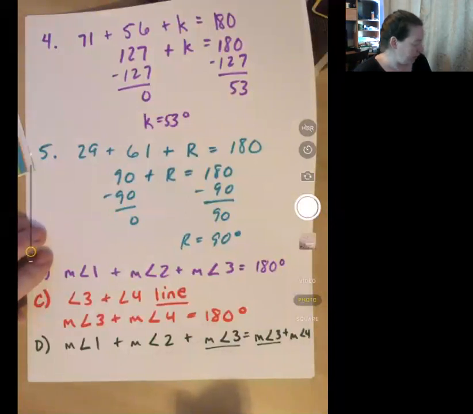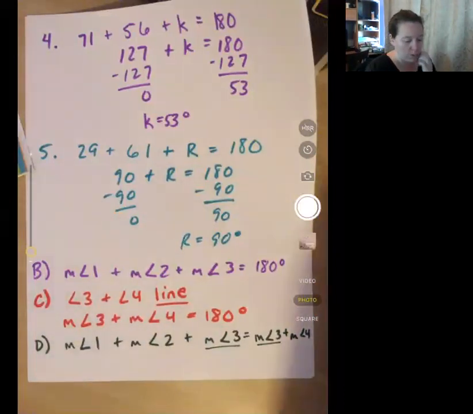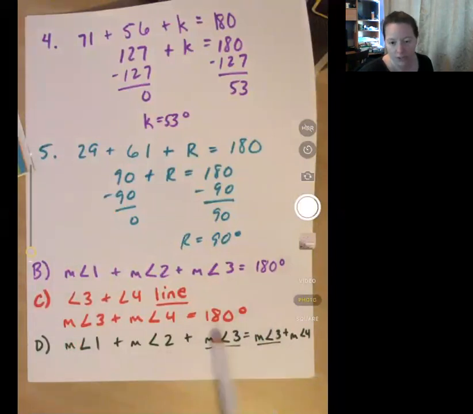Use the properties of equality to simplify the equation in D. And so what it wants you to do is subtract out the measure of angle 3, because we don't really need that on both sides of the equation.